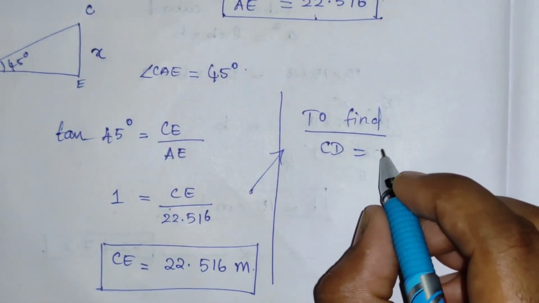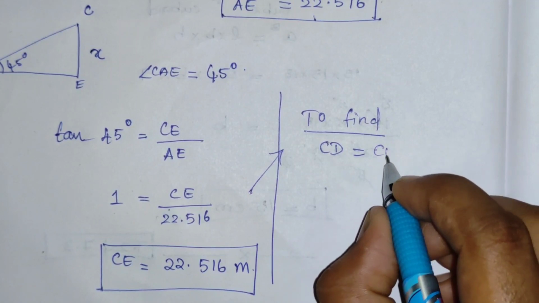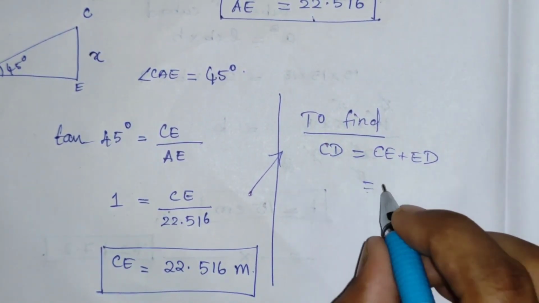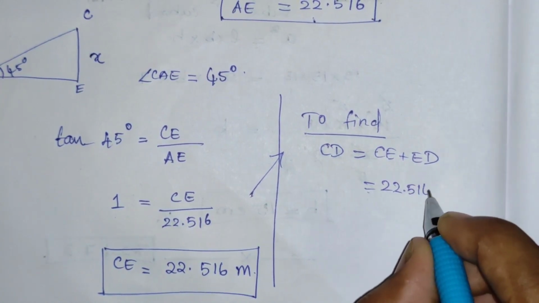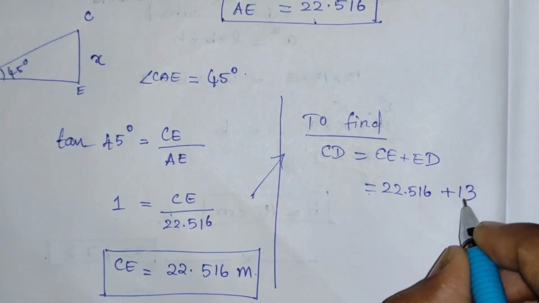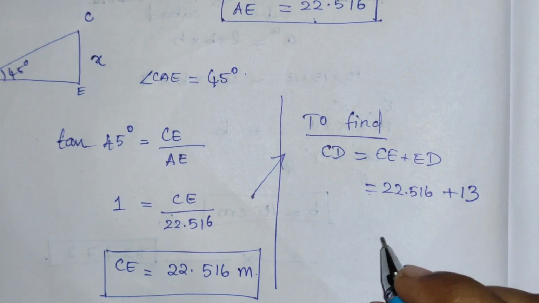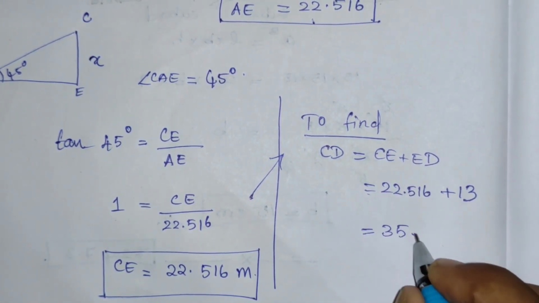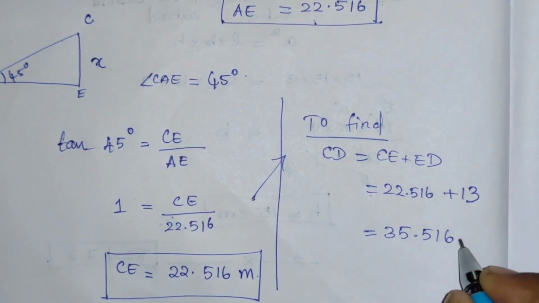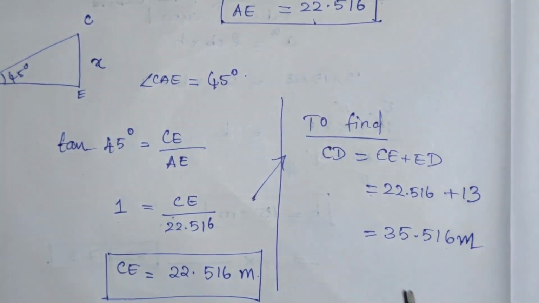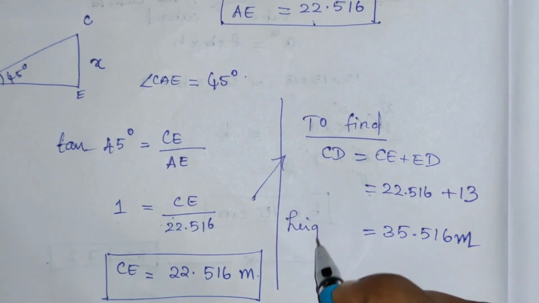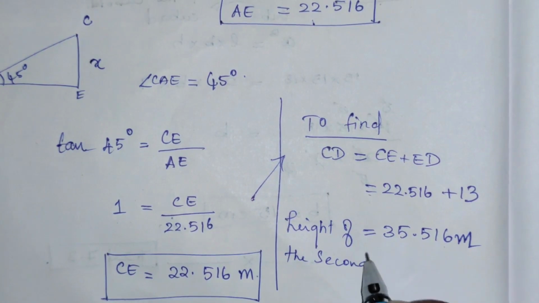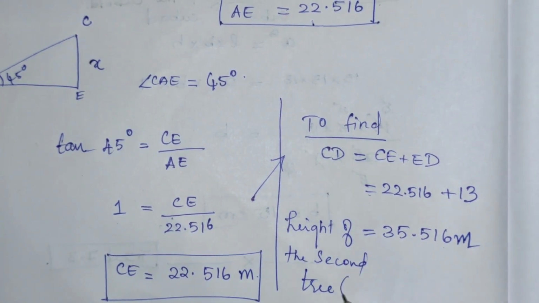So CD is equal to CE plus ED, that is 22.516 plus ED value 13. When you add these two, you will get 35.516 meter, which is the height of the second tree, that is CD.